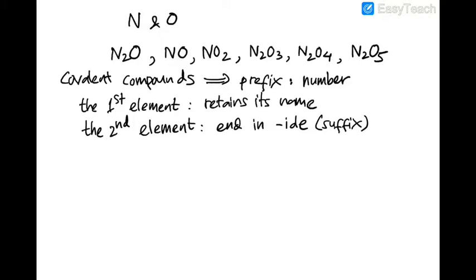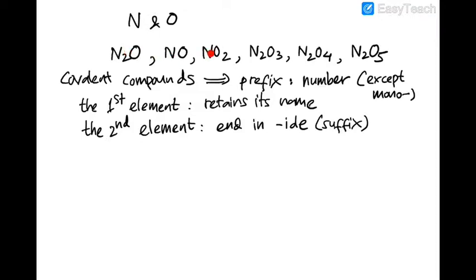Okay, and then don't forget, you have to put the prefix as a number, except for mono. Mono, if it's only one, you don't really have to say that it's mono, especially when it's in the beginning.